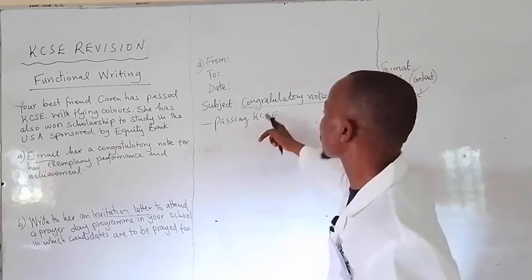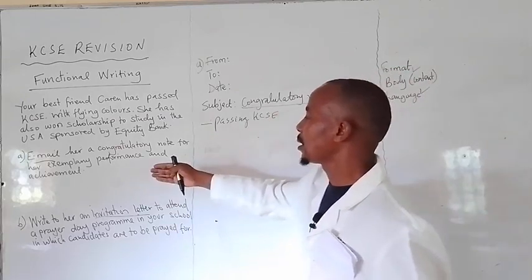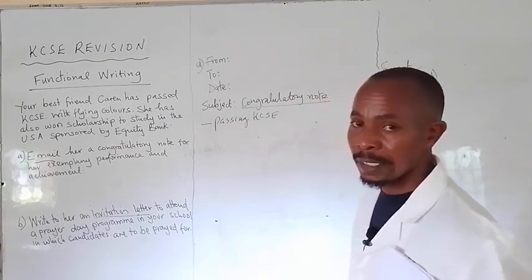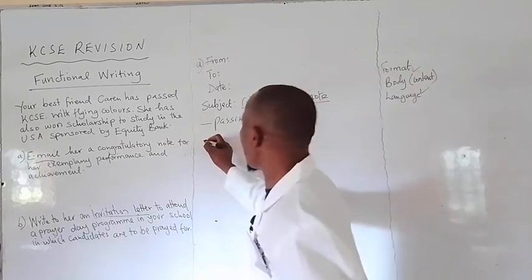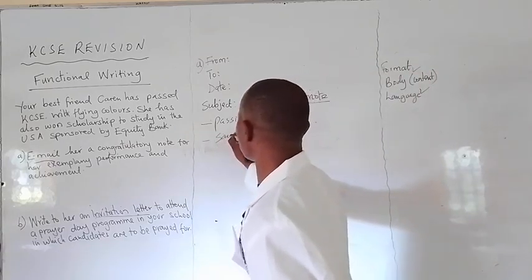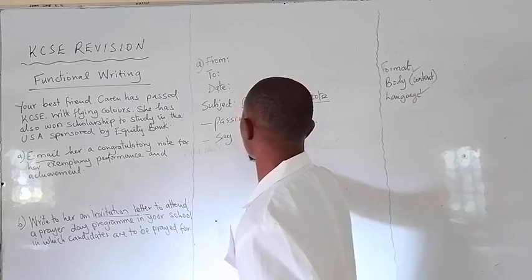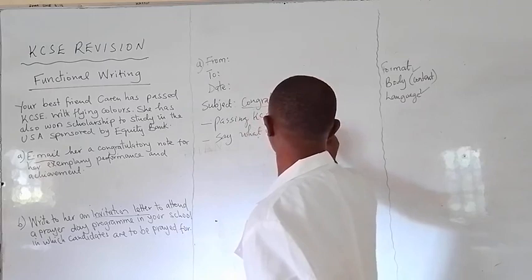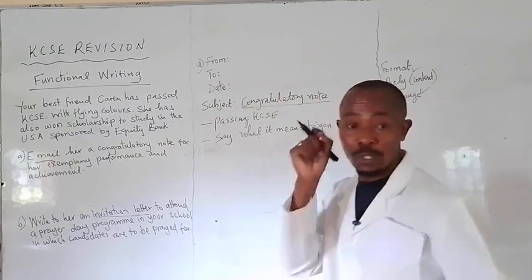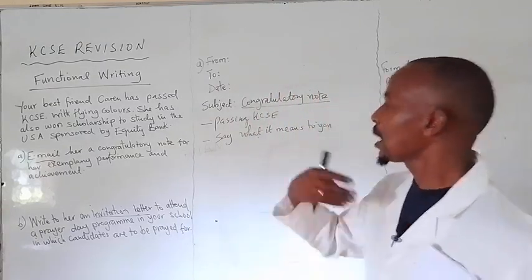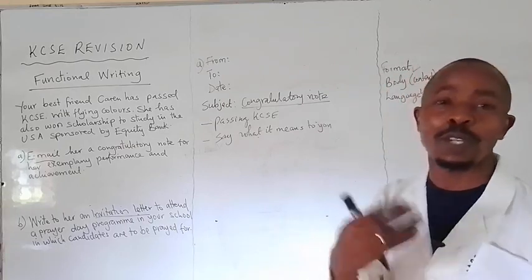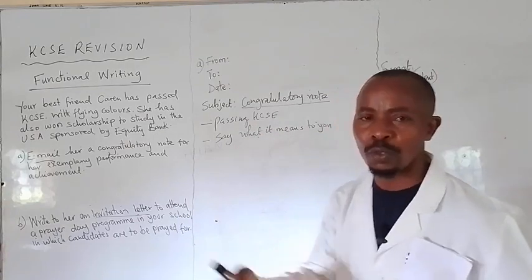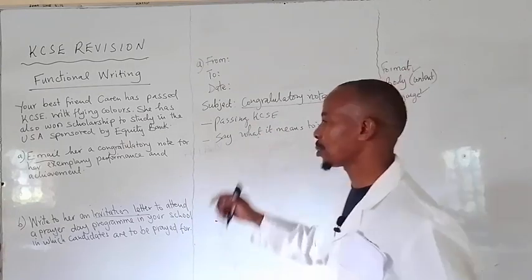In this case, it is KCSE, and the performance was exemplary. That must be shown in this congratulatory note. And then say what it means to you. What does this success mean to you? It's very important that you say how this is going to affect you. You are also a student, so having passed very well, maybe it could be motivating you to equally do well like this particular candidate.